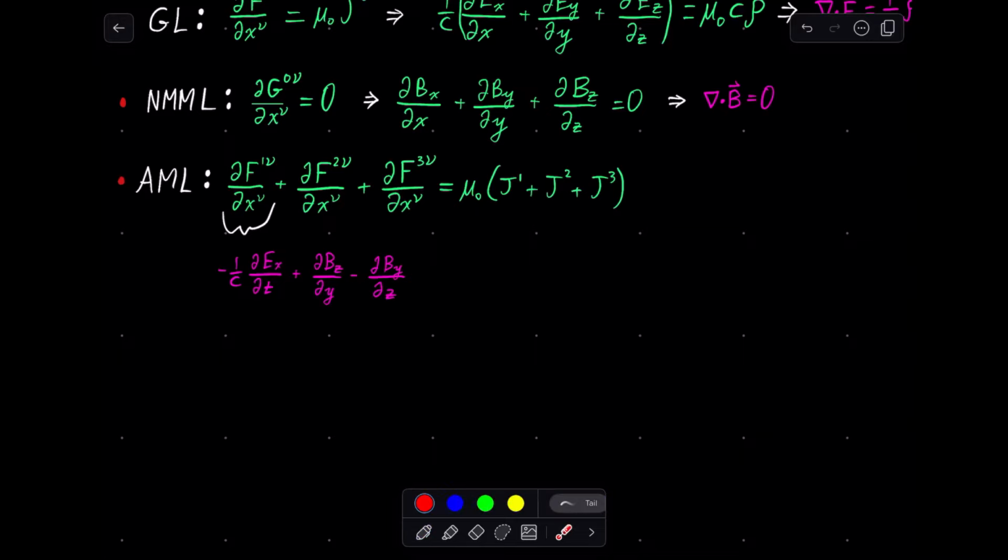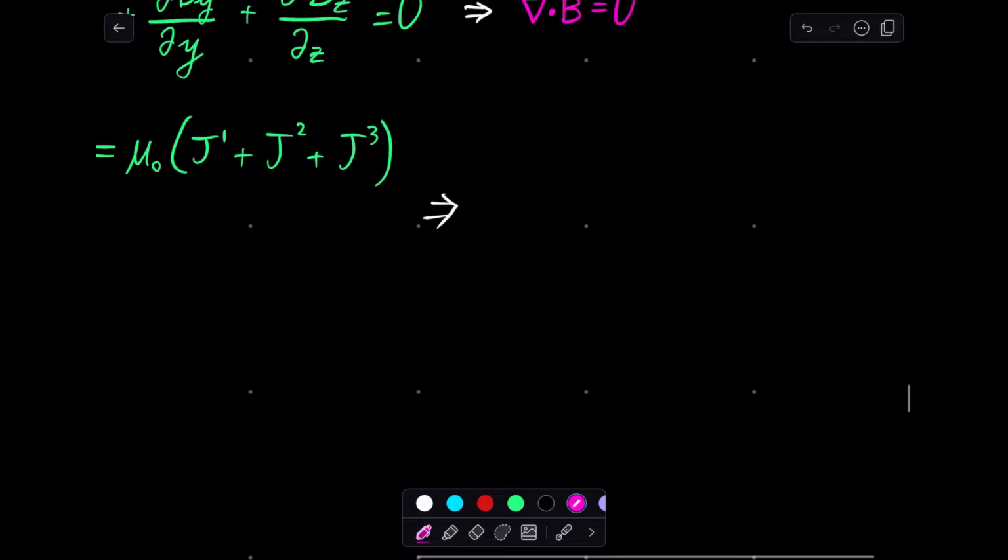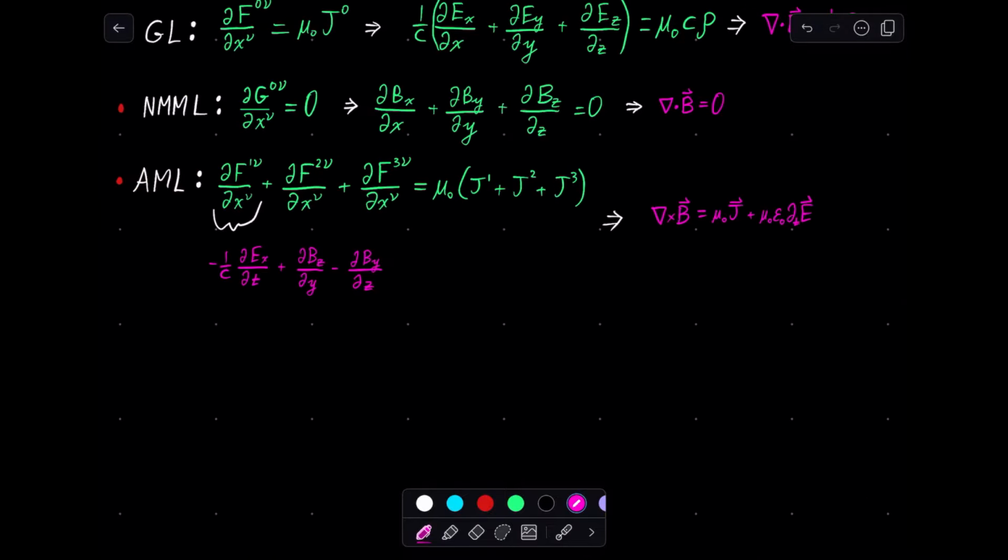And so you can see that if you did this for all of these components, you'd end up with the x, y, z components, so the change in time of the entire electric field, and you would get the curl of the magnetic field. And then you could just move this over to the other side, and this means that you would get the same law, which is that the curl of B is equal to mu naught J plus mu naught epsilon naught partial time of E. So you end up with the same Ampère-Maxwell law.